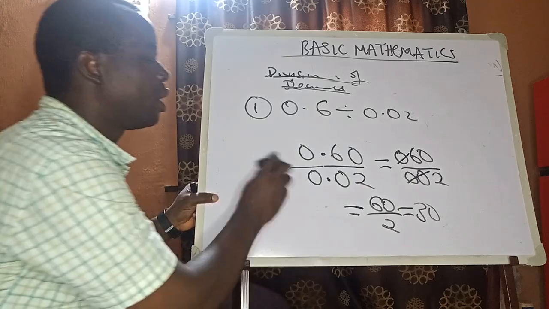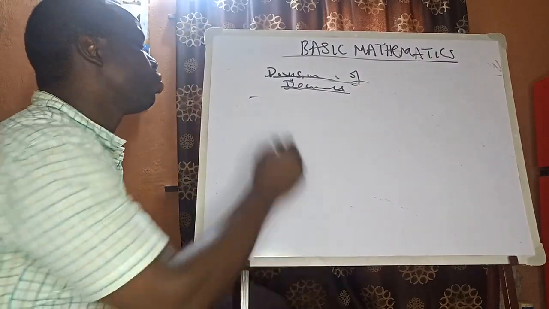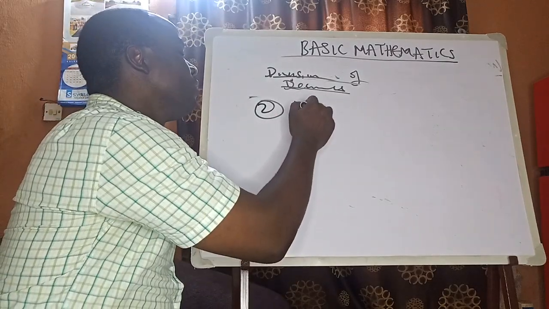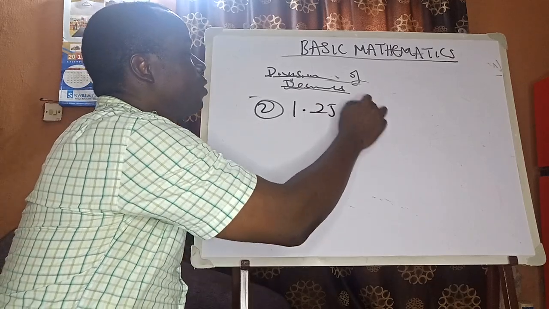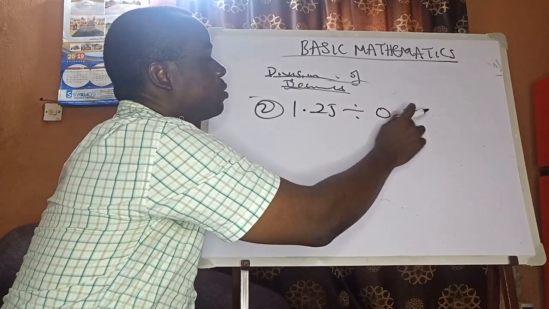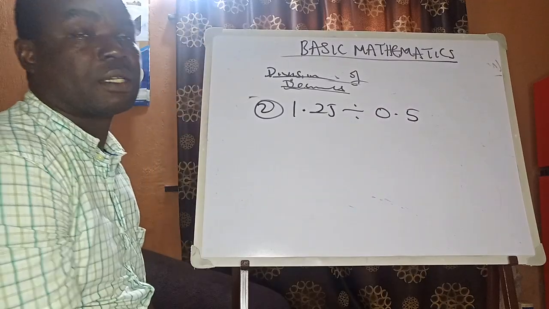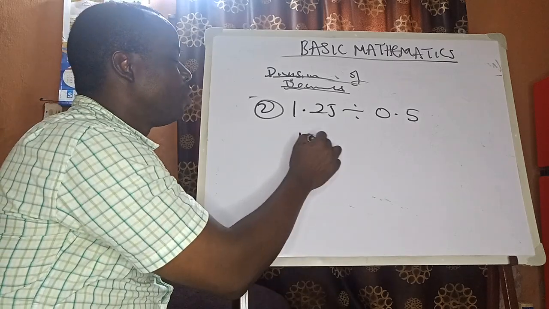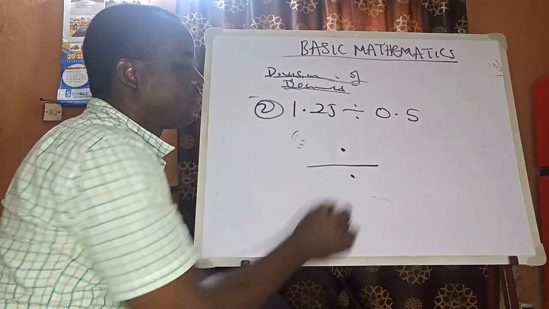Now one more example, and then we talk about it. Number 2, let's quickly do 1.25 divided by 0.5. Let's see what this one is like. Are we ready? Let us arrange it first. Point over point.